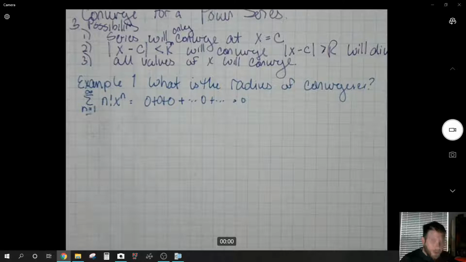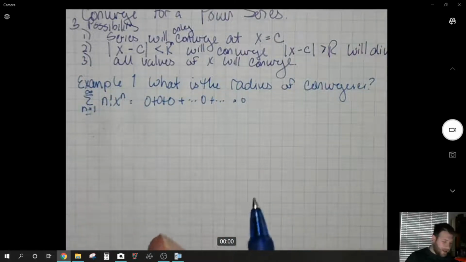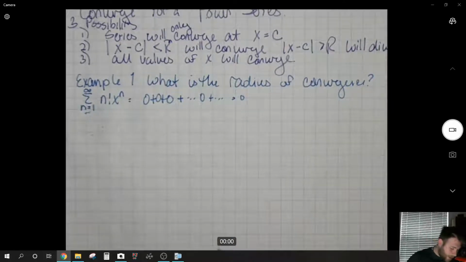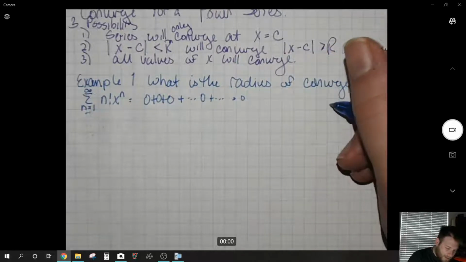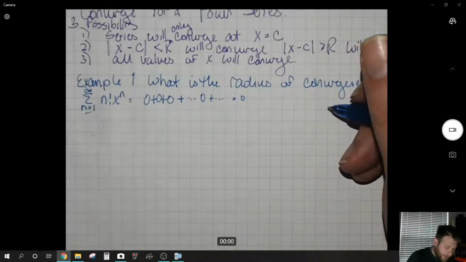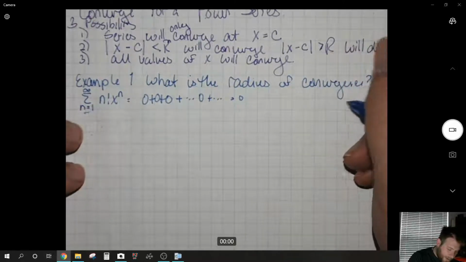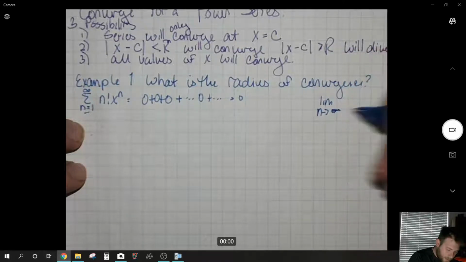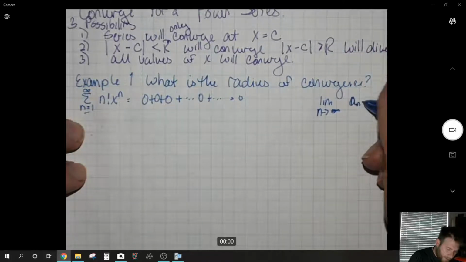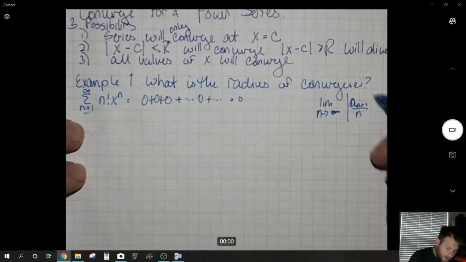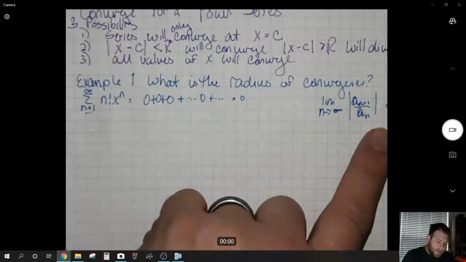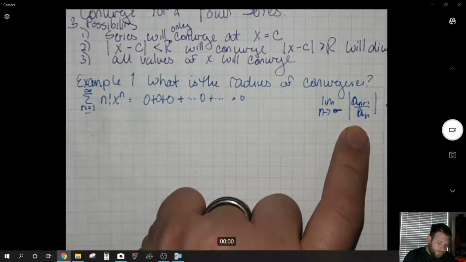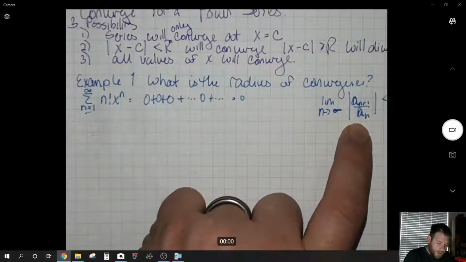The way I'm doing that is I'm going to use what's called the ratio test. We discussed this in the last section, 9.7. So let's go ahead and do that. As a reminder, there are 3 possibilities for the ratio test. If the limit of a sub n plus 1 over a sub n is less than 1, it converges.